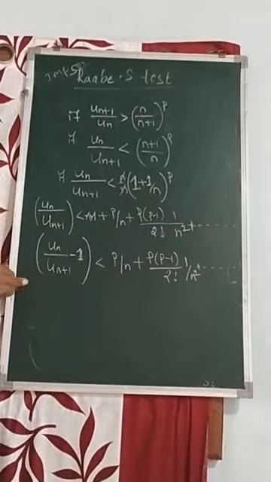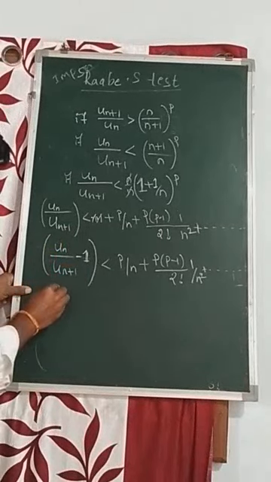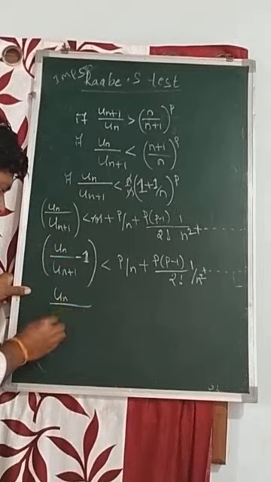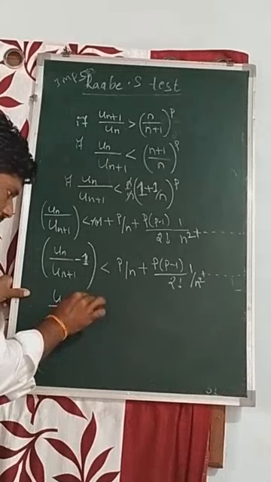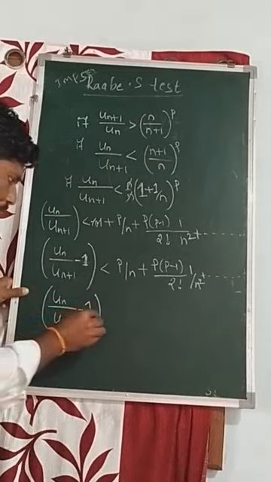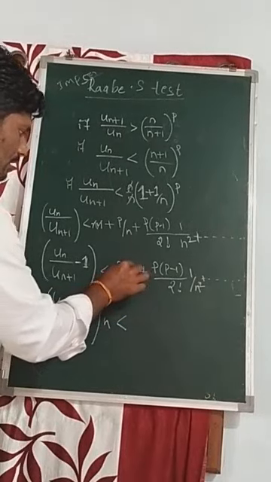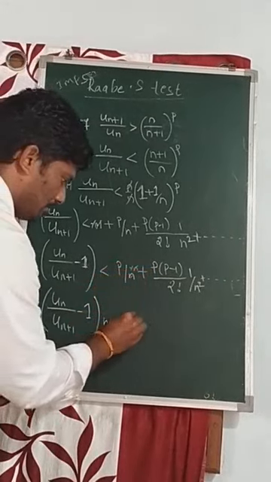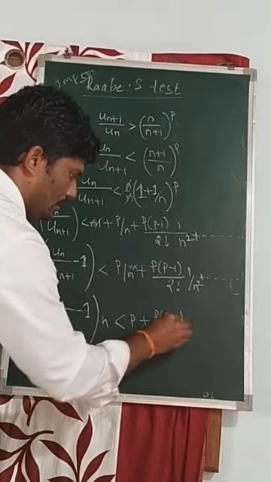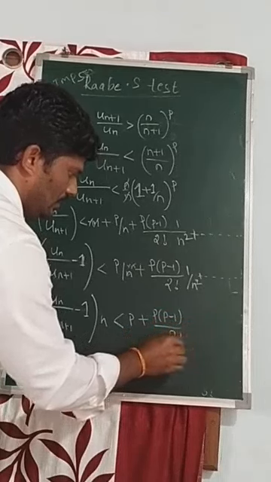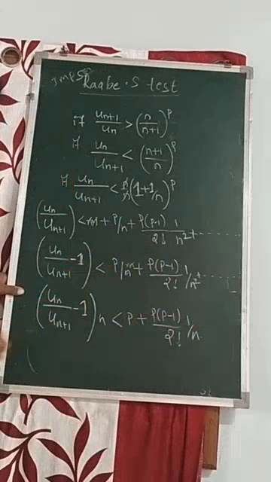Okay. Next, taking both sides multiplying n. Un divided by un plus 1 minus 1 into n is less than, applying the multiplying n term, n cancels. First term is p plus p minus 1 divided by 2 factorial, multiplying n, 1 divided by n.